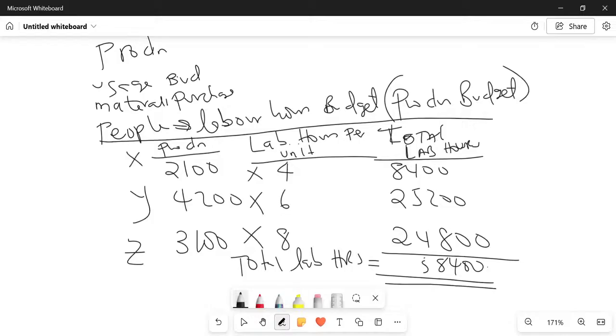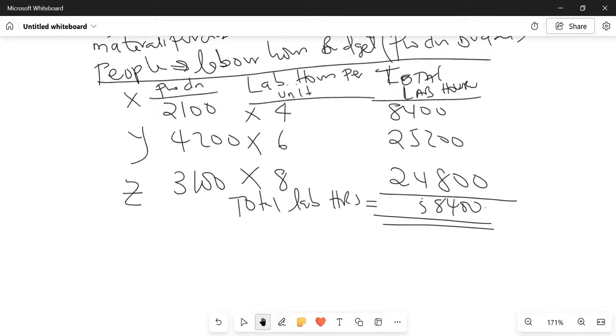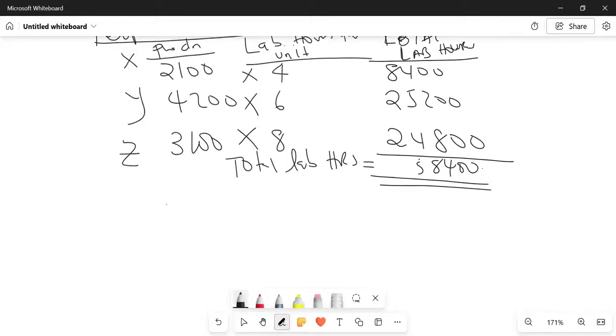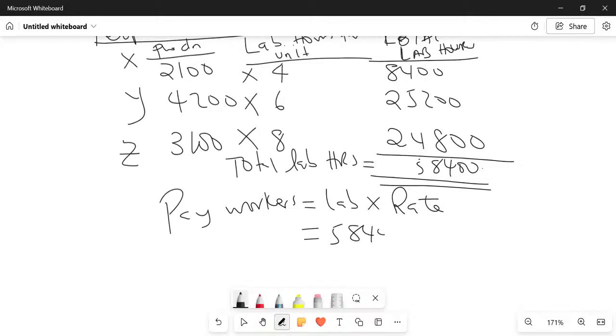58,400. So remember, our spam pay means you pay the workers. How do we get this? It is labor hours times the rate. So labor hours, 58,400 times the rate of 3.